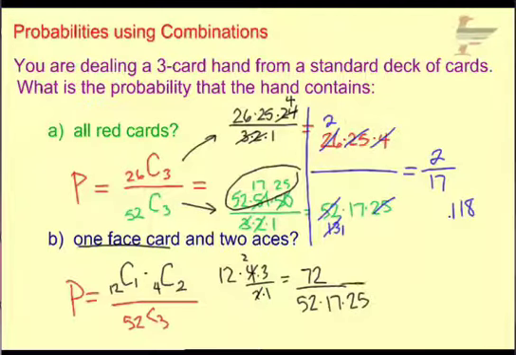And actually, I keep changing on you, I'm going to leave this as 12 times 2 times 3 because working with these smaller numbers, it may just be easier to reduce. So I know that 2 goes into 52 26 times, and 26 and 12 can both go down by 2, so 6 and 13. And I think that might be it. So we just multiply top over the bottom. I'm running out of time.